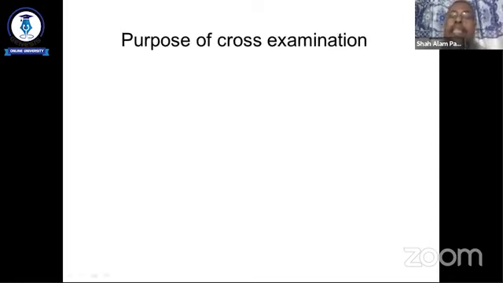In the examination in chief, you have to explain the facts, for what purpose you attend this court. In the direct examination, the public prosecutor will assist you, but you have to give the statement on your own.